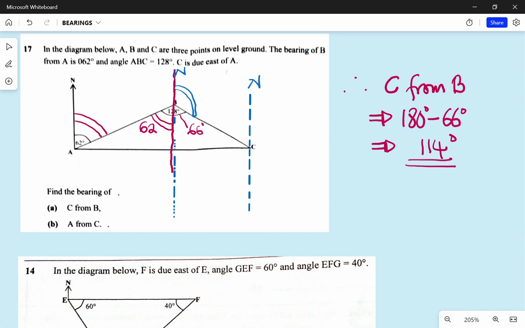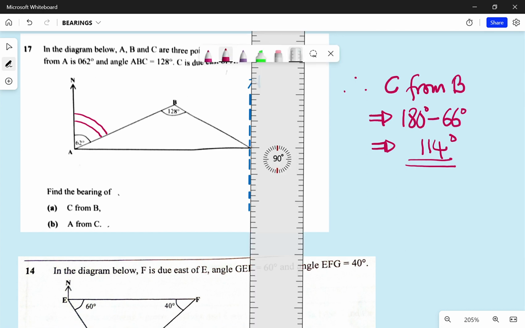All right, what about A from B? Let's just clear this, so we can have A from B. Okay, now for A from B, for this bearing there, just put this back.